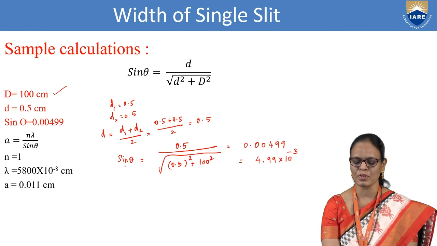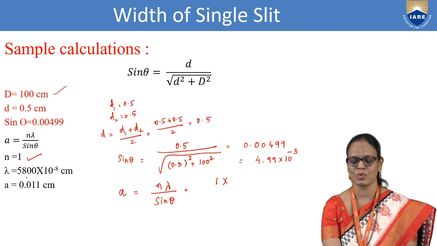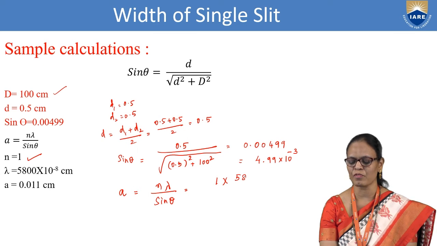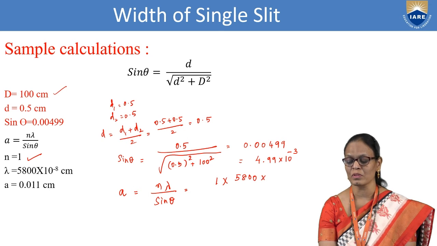Now, once you get the value of sine theta, you can find the value of a using n lambda upon sine theta. We are doing it for the first order, n is equal to 1. So 1, and the wavelength of the light source we have taken is 5000 angstrom units. So we are writing 5000 angstrom into 10 power minus 8, because I am converting it into centimeter, as all the distances we have taken are in centimeters.